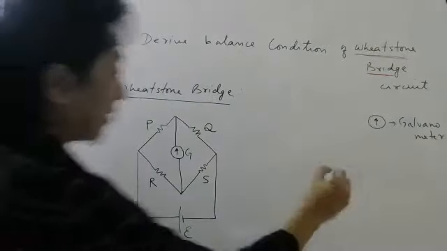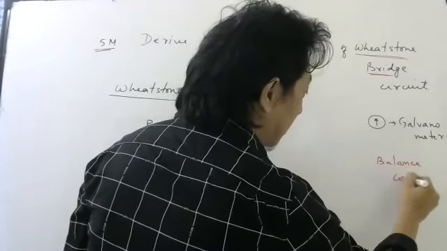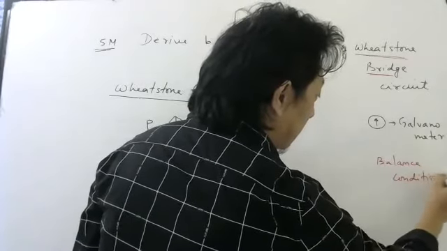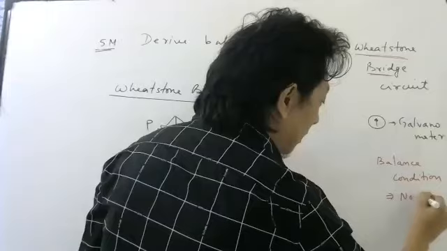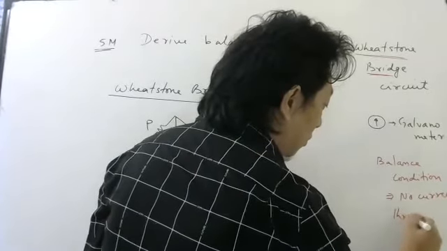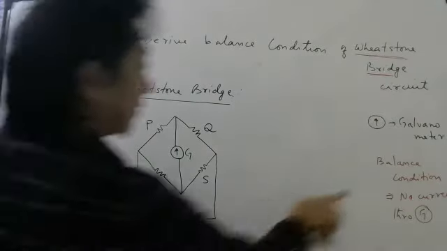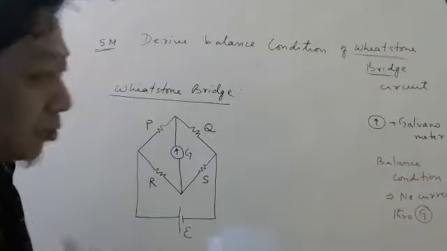So mention somewhere: balance condition means no current through galvanometer. Keep that in mind.